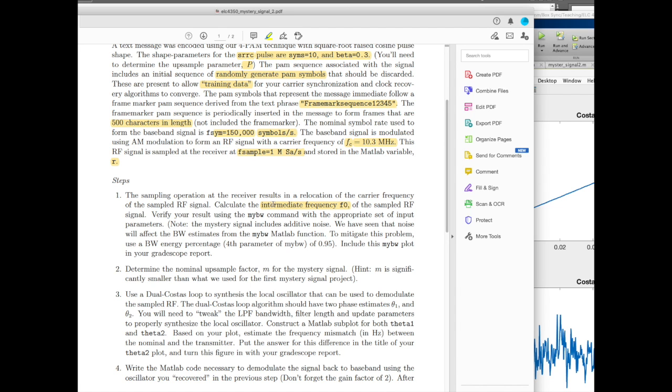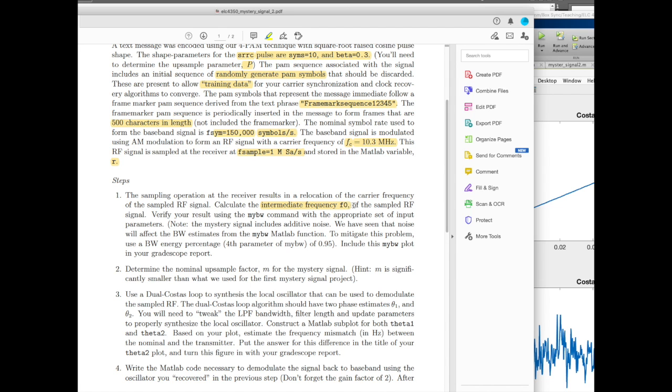I think I changed the terminology between Mystery Signal 1 and Mystery Signal 2. I might have called it the carrier frequency, but really, when you downsample, we've gone through this calculation a few times, it also changes. It's effectively using aliasing to change what appears to be the carrier frequency. So the textbook starts calling that the intermediate frequency, and so let's do that as well.